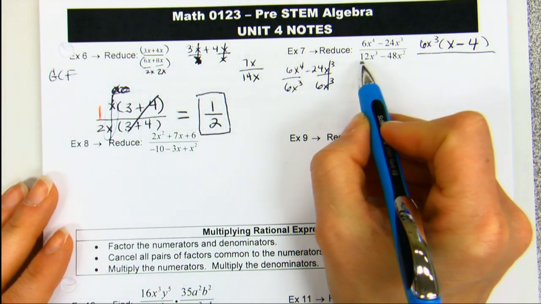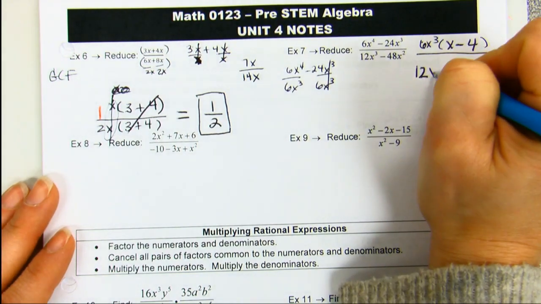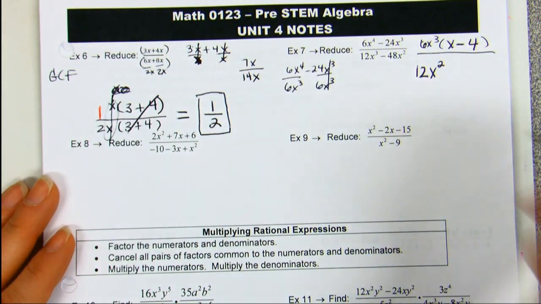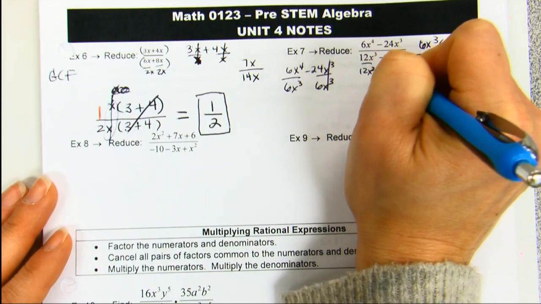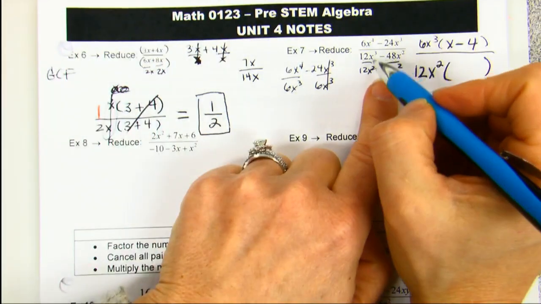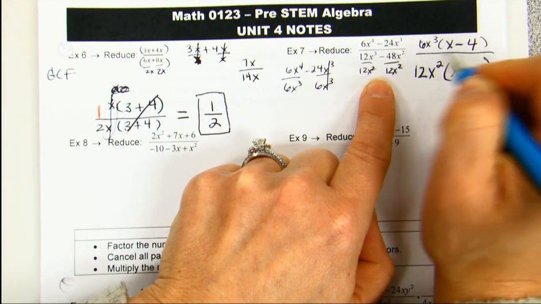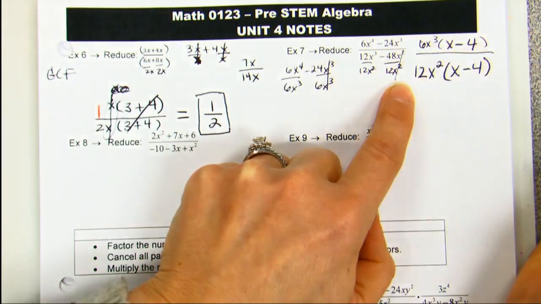In the denominator, I noticed 12 and 48 can be divided by 12, and they both have at least x squared. So we want to pull out the 12x squared. And I'll show that division underneath there since there is room. So 12 goes into 12 one time, x cubed over x squared is x. Minus 12 goes into 48 4 times, x squared zero out.